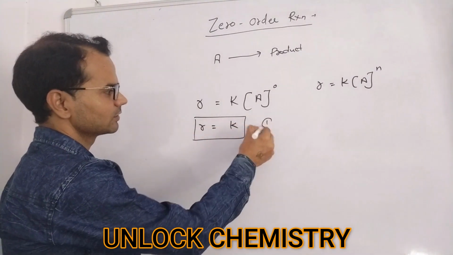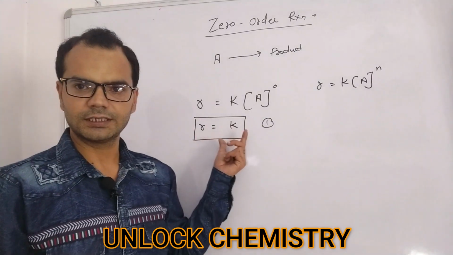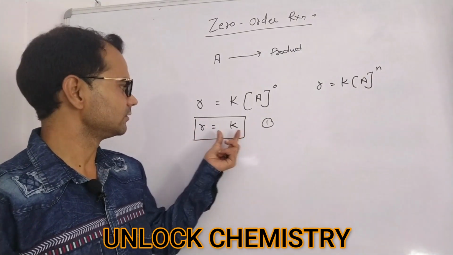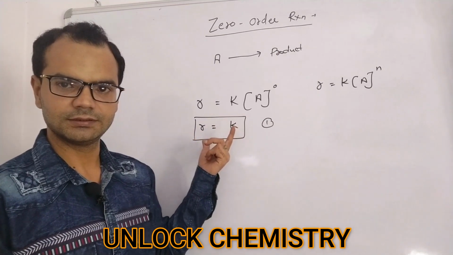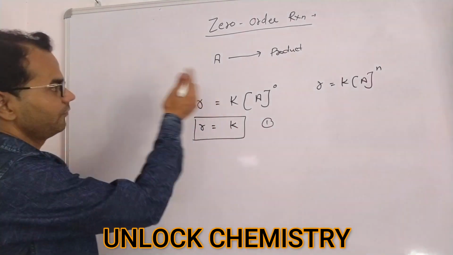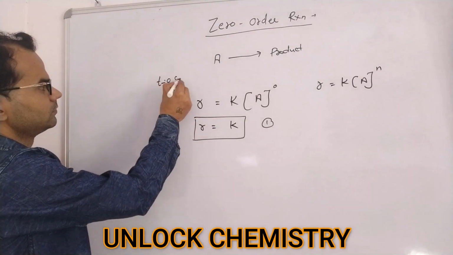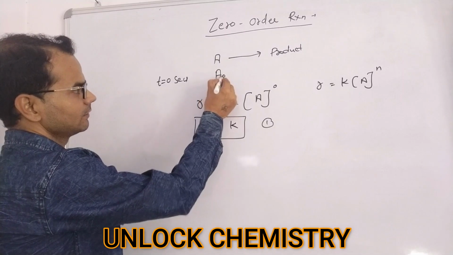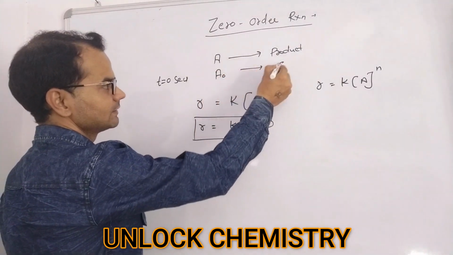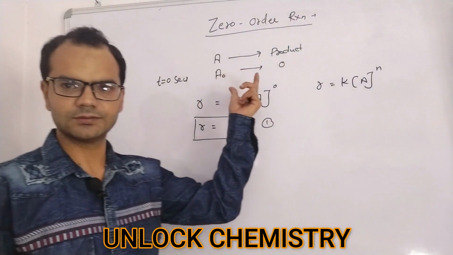This is the first conclusion of a zero order reaction. Rate constant is always equal to rate of a reaction. Easy. When we start the reaction, t equal to 0 second, we suppose we have reactant A0 and product concentration is 0.